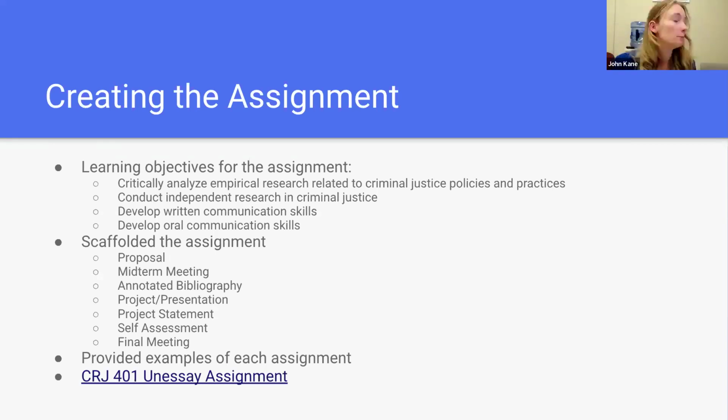So it was important to me to have all of that laid out right at the beginning so that they knew what they were getting into, and they were aware of what my expectations of them were.